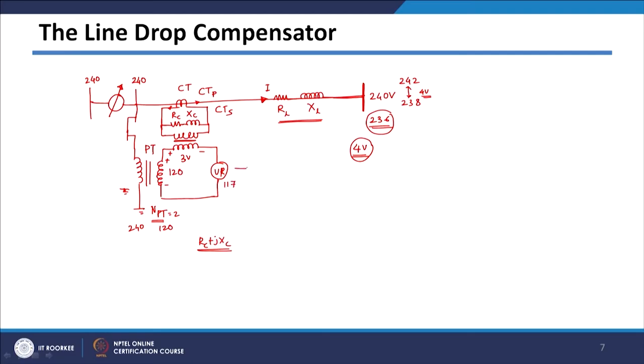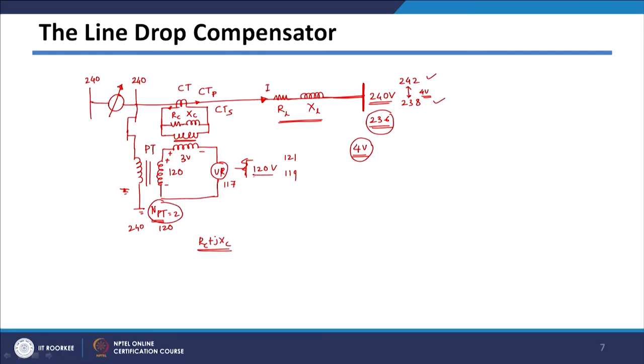The set voltage here is 240, meaning the set voltage we need across the voltage relay should be 120 volt, and the bandwidth is 121 to 119, which I have taken by considering NPT ratio equal to 2.